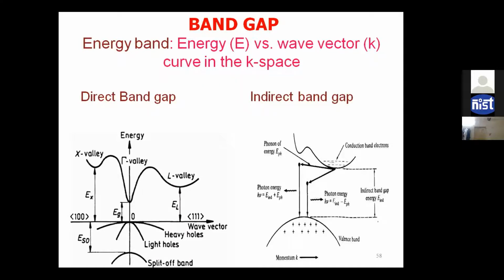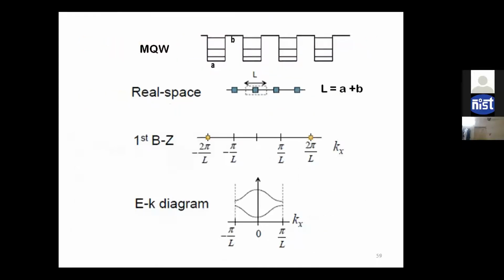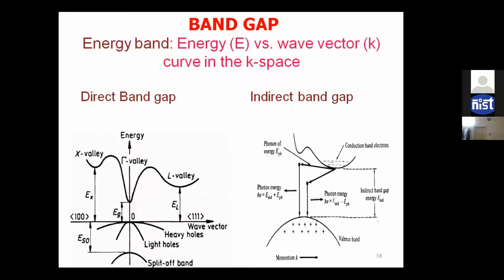Actually, this figure is right. We can get the L value along the 111 direction and the X value along the 100 direction. For clarification, especially for the students, let's see where you can get this E-K diagram from the Brillouin zone.